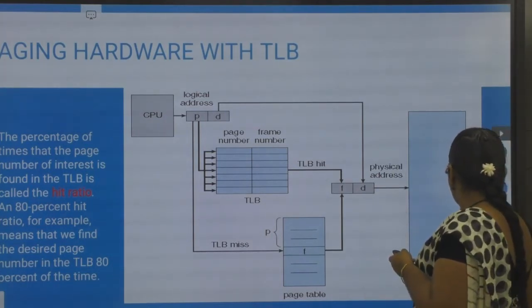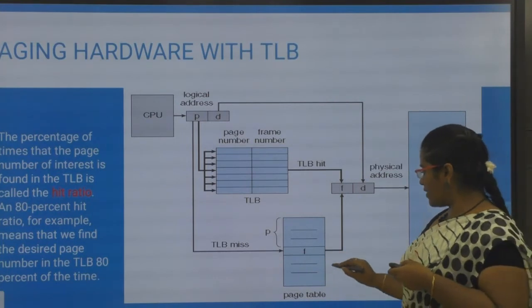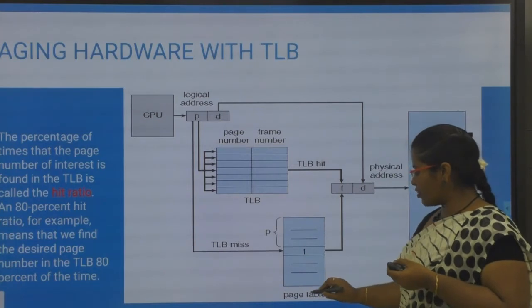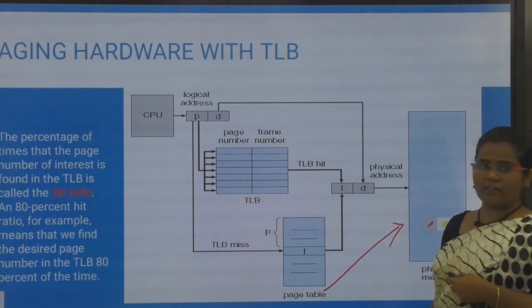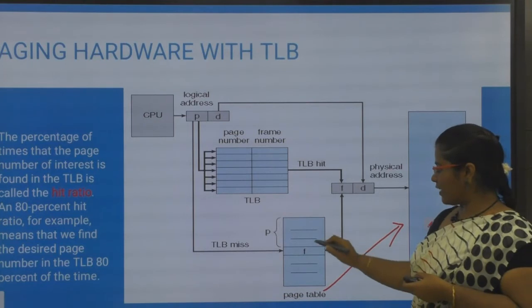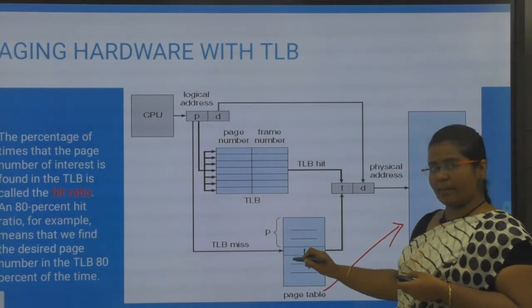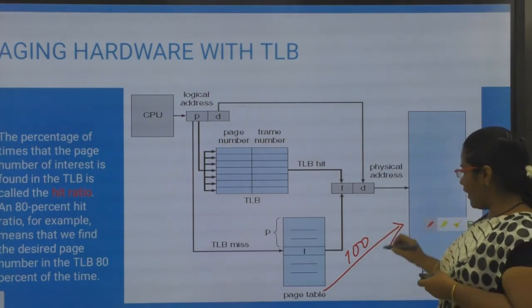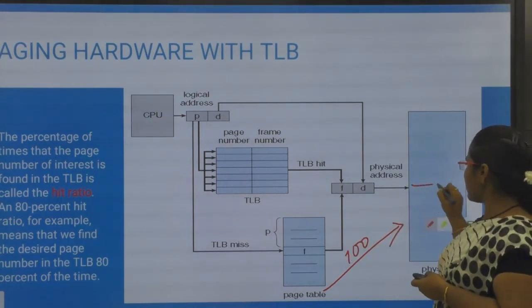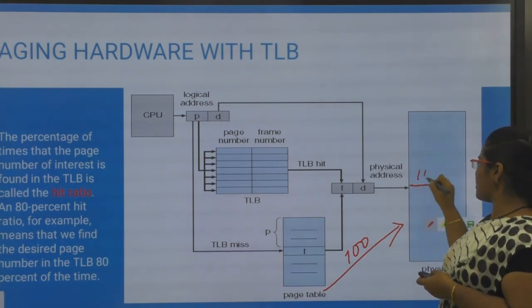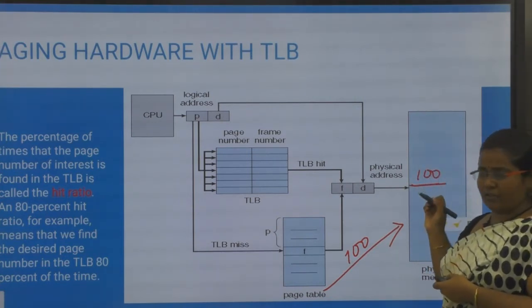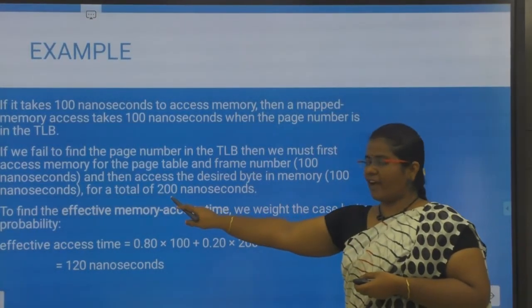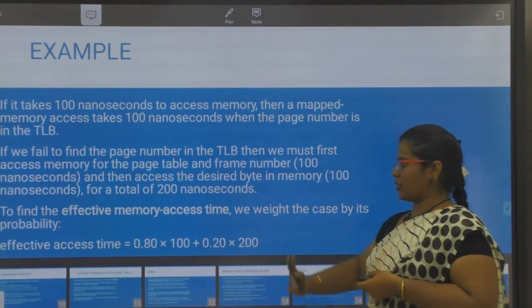We have assumed that referring to main memory needs 100 nanoseconds, and the page table is also present in physical memory. So to access a page number from the page table, you need 100 nanoseconds, and after getting the frame number, you need one more 100 nanoseconds to access that particular byte. So in total you will need 200 nanoseconds to find a particular instruction.